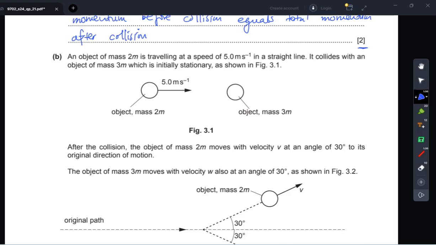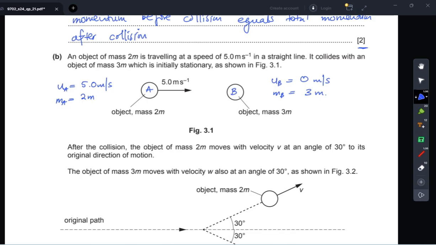You can call this object A or object 1, and this is object B. We have the initial velocity, so UA equals 5.0 meters per second, the mass of A is equal to 2m, UB is equal to 0 meters per second, and the mass of B is equal to 3m. It's always good to highlight that.